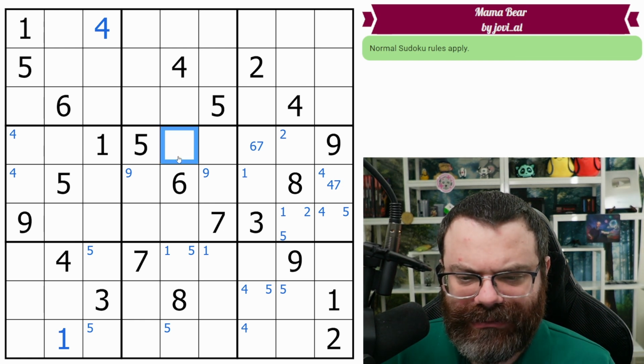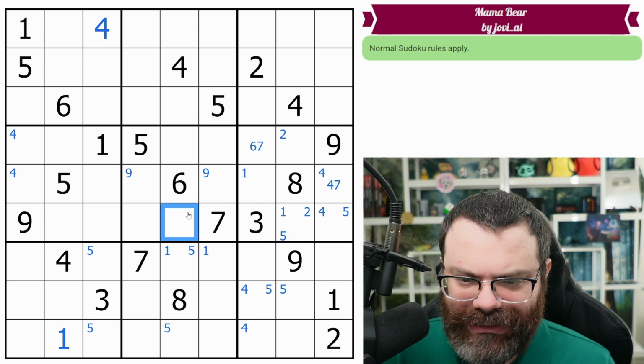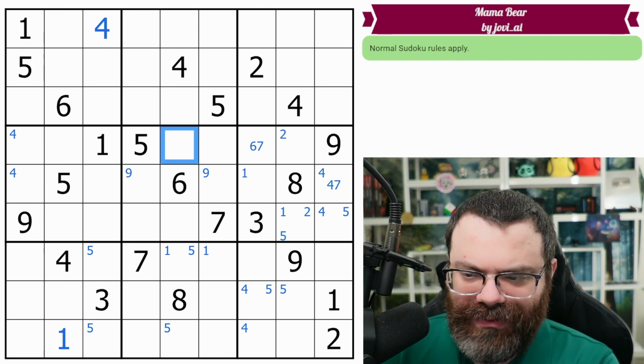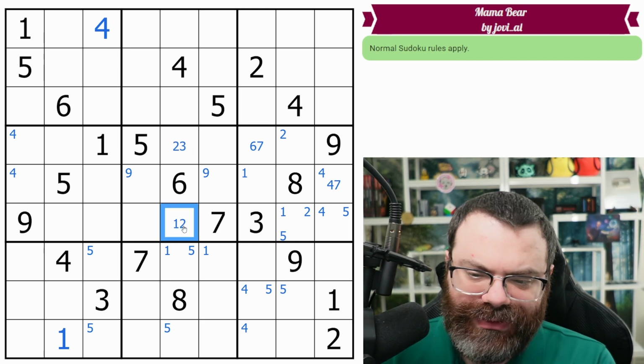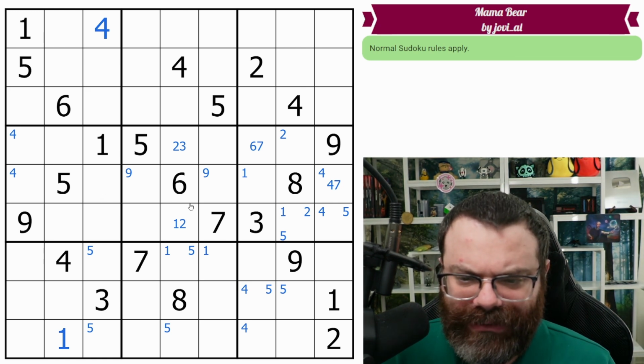This cell sees 4, 5, 6, 7, 8, 9. And so does this one. So yeah, this one is from 2, 3, and this is from 1, 2. Okay. Anything else like that?